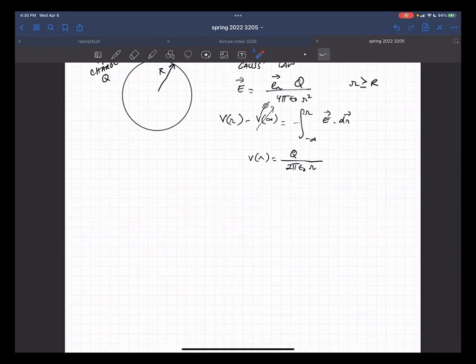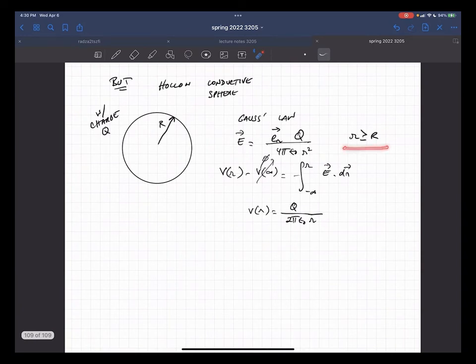By the way, we said that the electric field has this 1 over R squared component at points bigger than R. If you remember, if we plot the electric field as a function of R, this is the radius of the sphere.